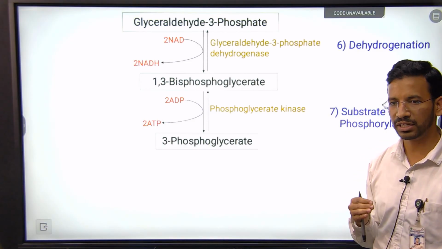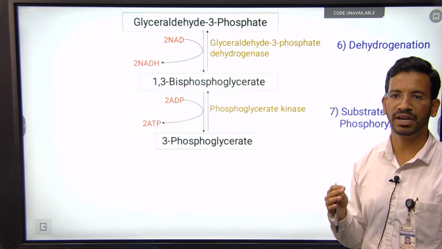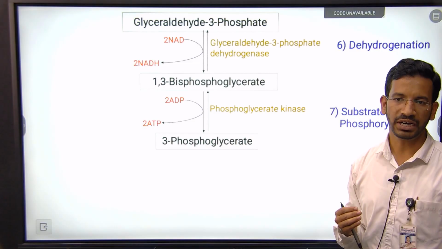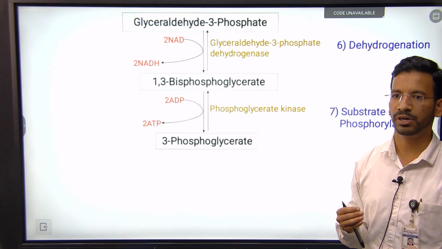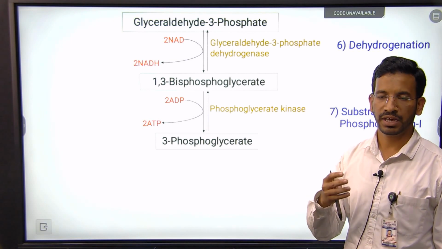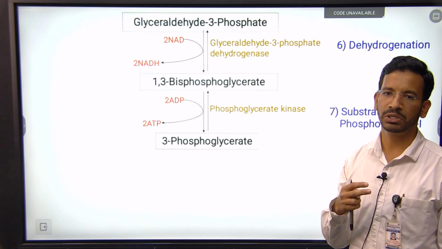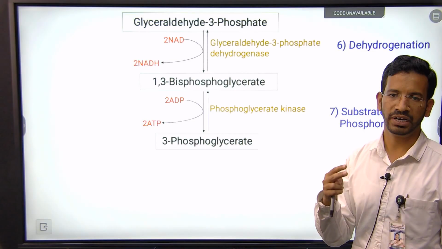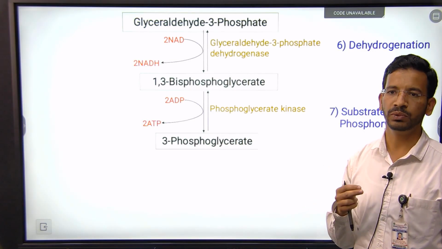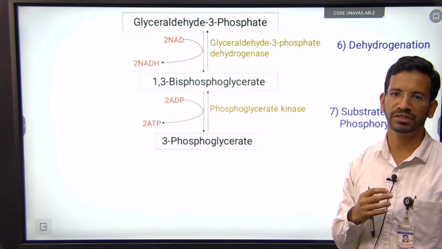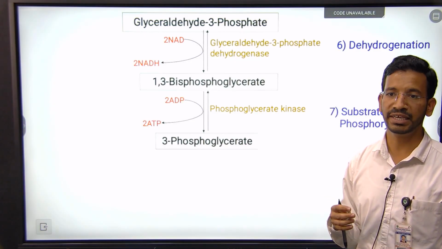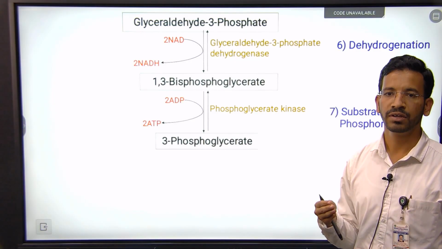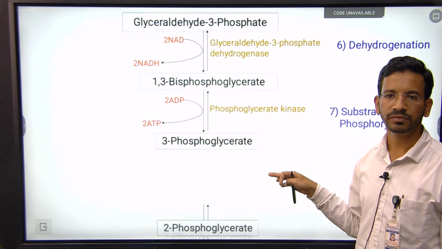This is a crucial step in glycolysis, and it is called substrate level phosphorylation. Why? Because there is production of two molecules of ATP. So ADP, adenosine diphosphate, is converted into two molecules of adenosine triphosphate. This is chemical energy that is being generated.